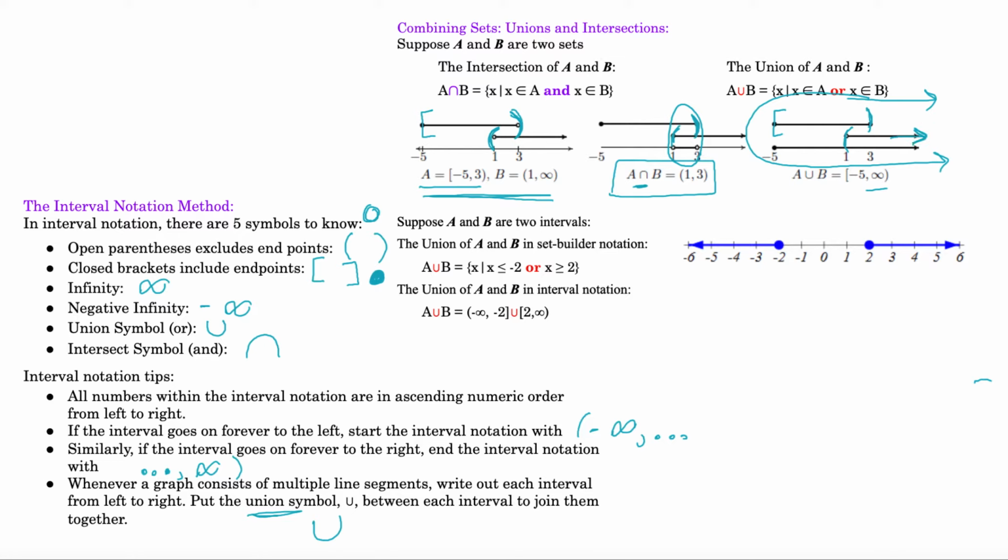Let's utilize some set builder notation to help us here. The union of A and B in set builder notation can be listed as here. So our A and our B, let's see here. This is A and this is B. If I write it out utilizing interval notation, we see that this is negative infinity all the way to -2, which is included, so I'm using my bracket.